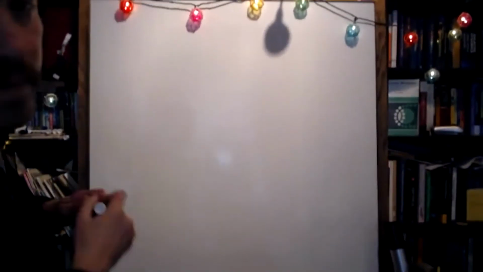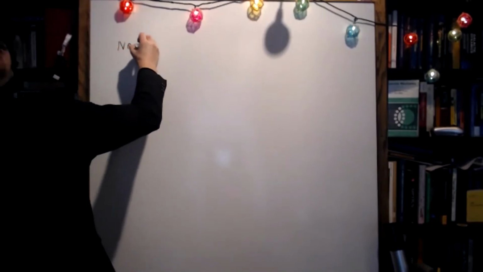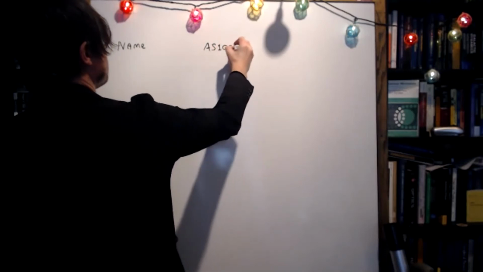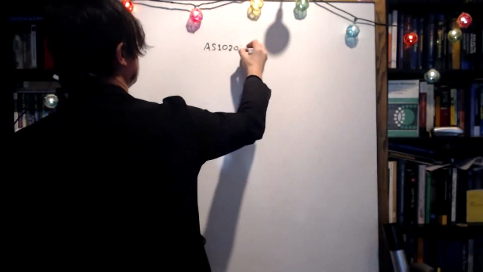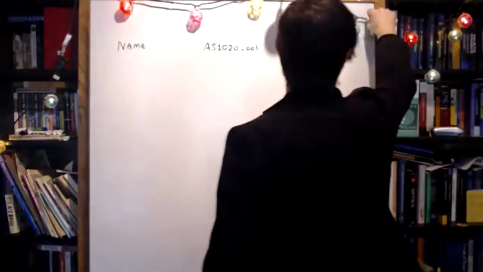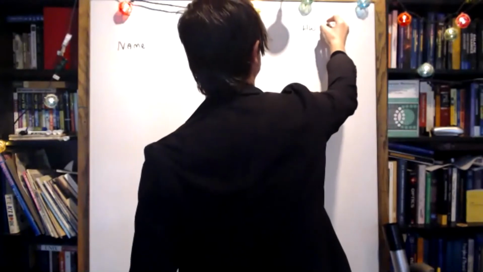I'm starting with 50. Yeah, but hold on a sec. Why don't we all set up our homework in the proper way? So let's put our name down. Astronomy 1020 with your section, please, whatever it is. We are doing homework number 6.